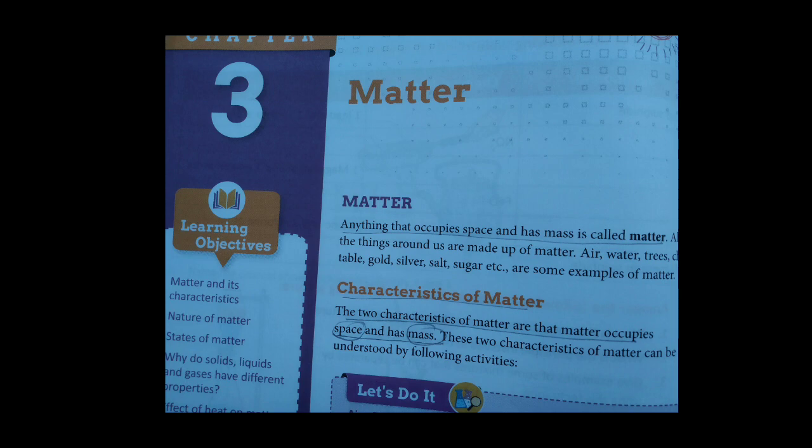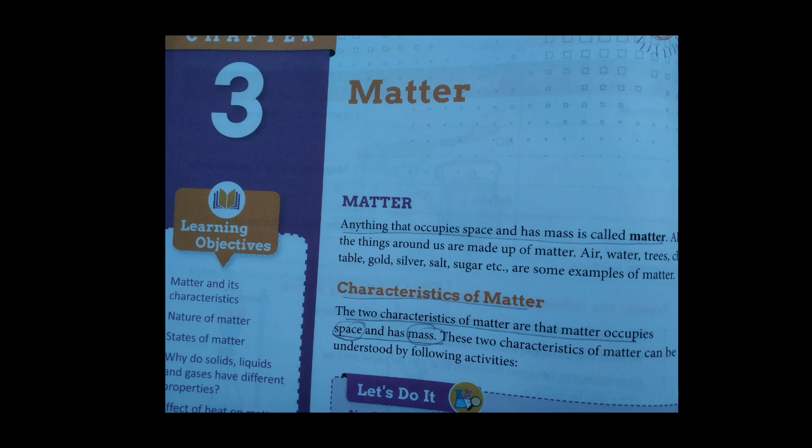Apart from you, whatever you see around you is a matter. Behind you must be a window, a Godrej cupboard, a book, a notebook, a pen, a phone. All the things are matter. Why is it a matter? Because it occupies space and it has a mass.